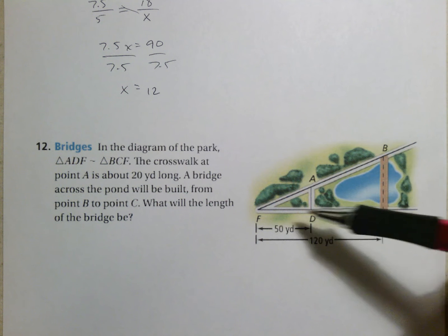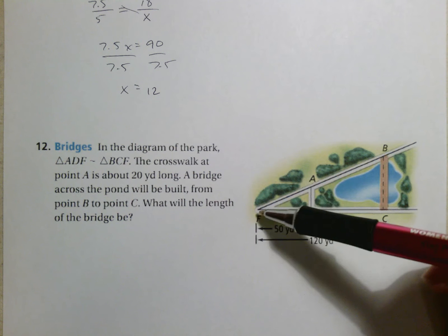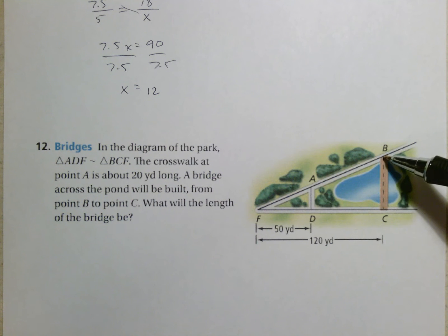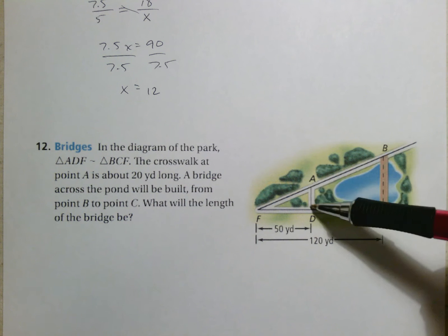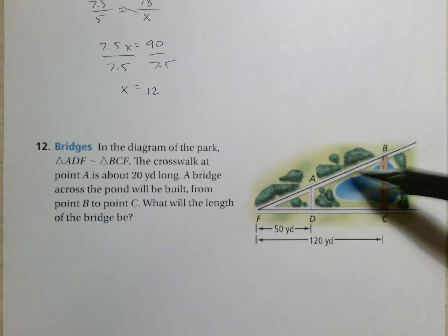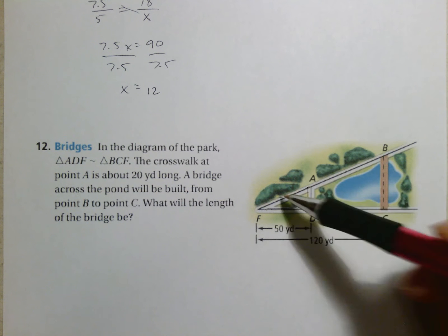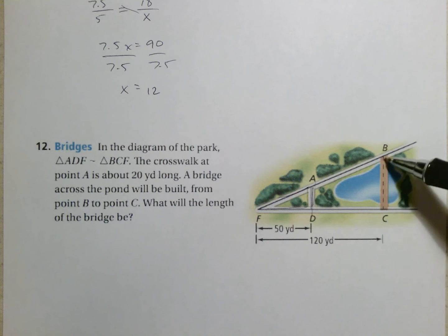What you can measure, though, is the distance from a point way out here to this side, and a distance from this point on a straight line up to here. You can also measure a side that you can actually walk across and measure here. And what you can use then is the fact that these two triangles are similar to say, if I know this size, then I can pretty much figure out what this size is.